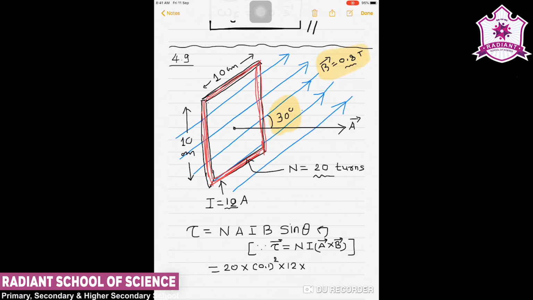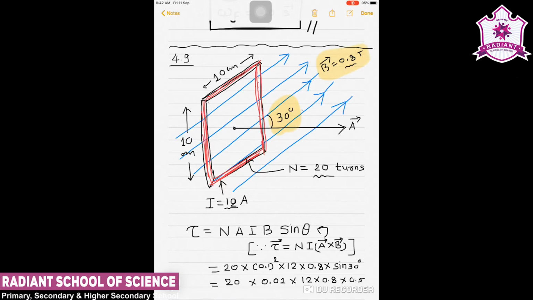Magnetic field B is 0.8 Tesla, and sine theta is sine 30, which is 0.5. Putting all the values, we get 20 into 0.01 into 12 into 0.8 into 0.5.